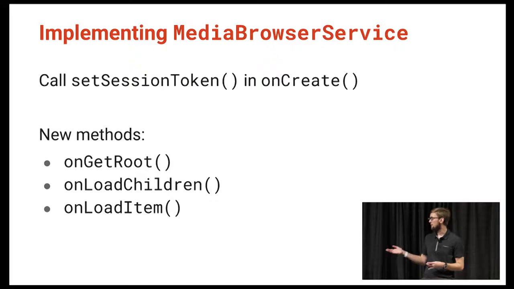You may be able to say onLoadChildren and get a list of all of the songs and all of the albums or all of the most recently played tracks. It doesn't really matter what it is, but that same list of tracks can be done with onLoadChildren, and then onLoadItem can give you the details about an individual item.